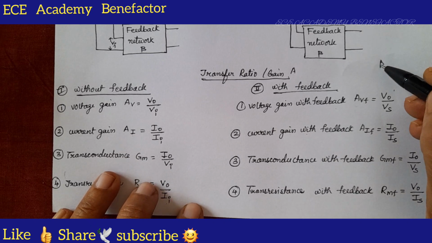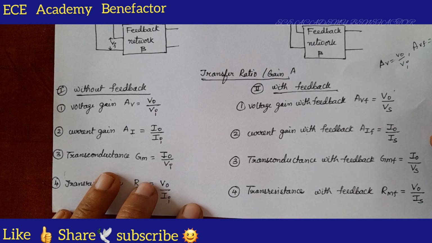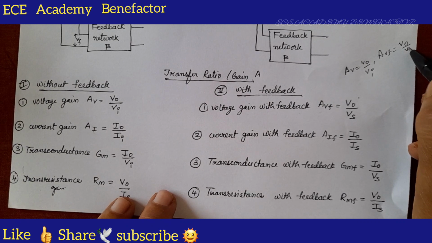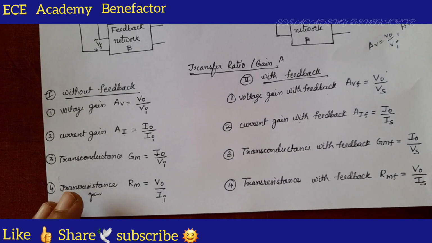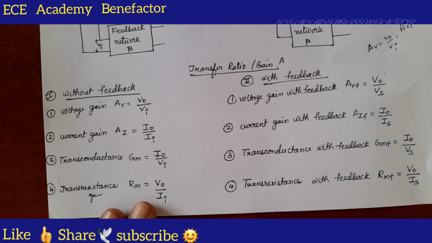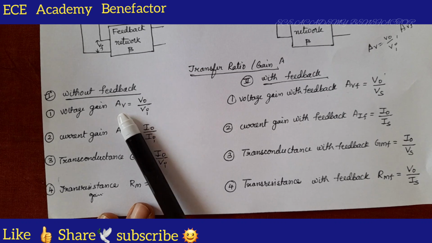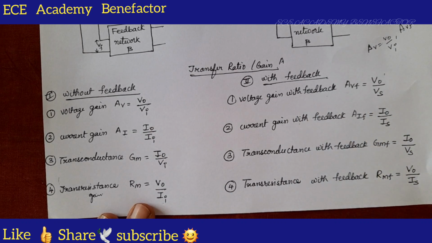So, what is voltage gain without feedback? V0 by Vi. Voltage gain with feedback, AVF is equal to V0 by Vs. These are the transfer ratio or the gain equations. You need to remember the formulas and the symbols. AV means without feedback, AVF means with feedback.